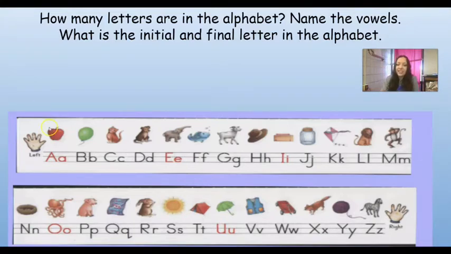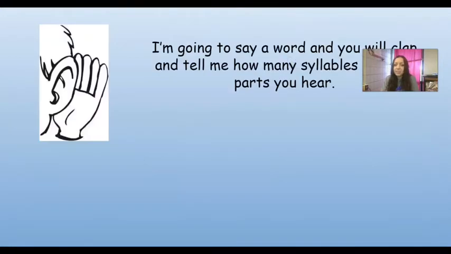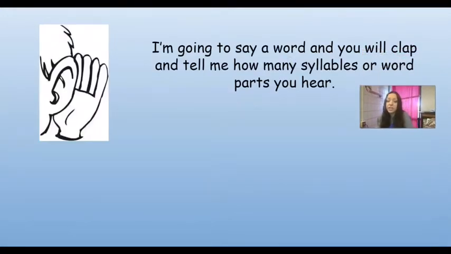Very good. I'm going to say a word and you're going to clap and tell me how many syllables or word parts are in the word. Remember, we talked about those word parts. We know that every syllable has to have some type of vowel sound in it. Are you ready? Let's try September. Did you try it? Let's try it together now. September. So 3 syllables.